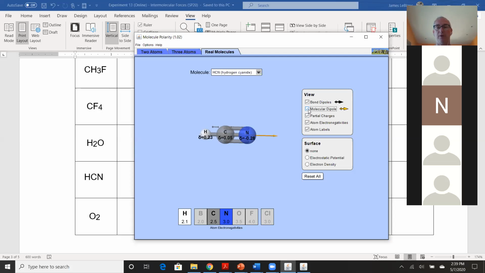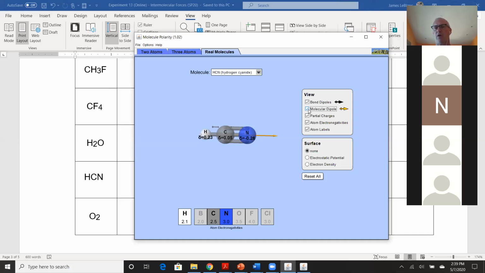So the molecular dipole is bigger than either one, not opposite directions like we saw before. Since this is a linear molecule, they're both pointing along the axis of the molecule in the same direction, so we just add them together. It's actually greater than either one.